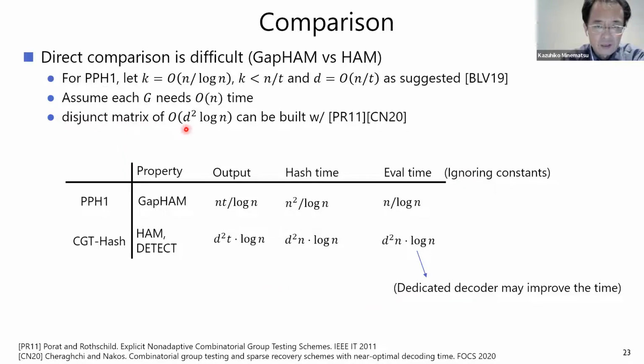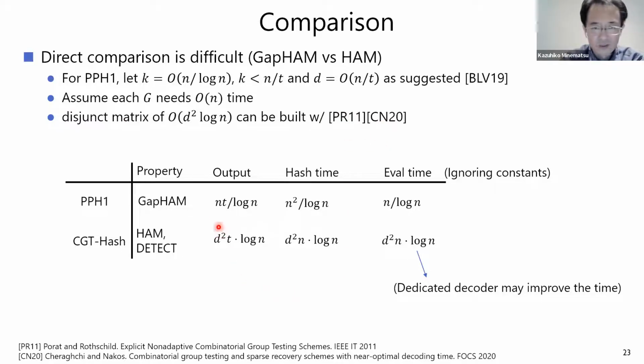And in this table, we assume that each hash function is order of n time. And we assume that the disjunct matrix used by the CGT hash is order optimal, in terms of the smallest number of rows. And such a disjunct matrix can be built with known techniques.